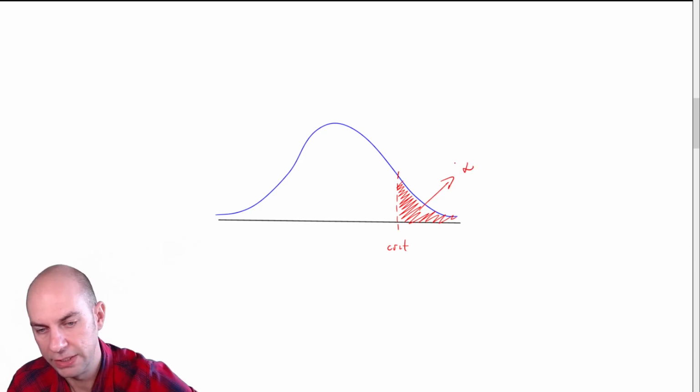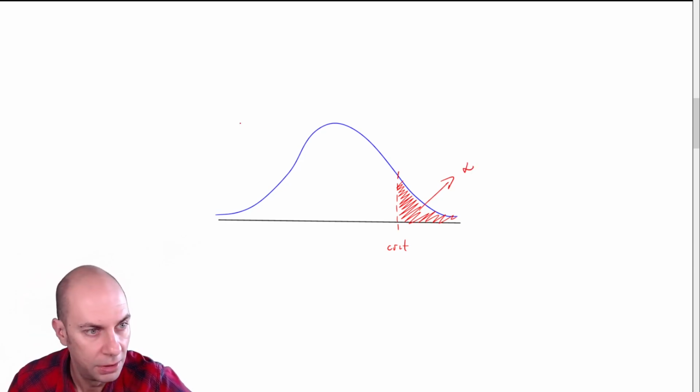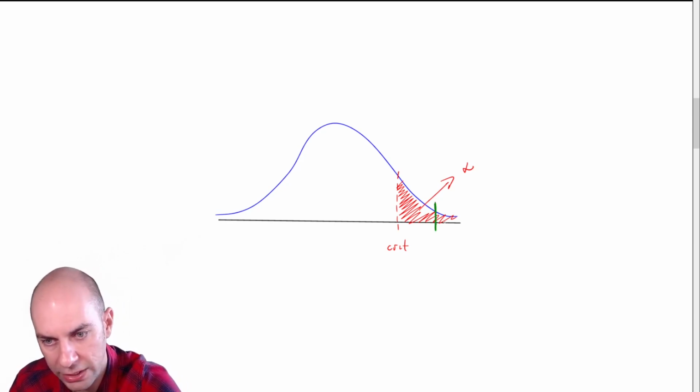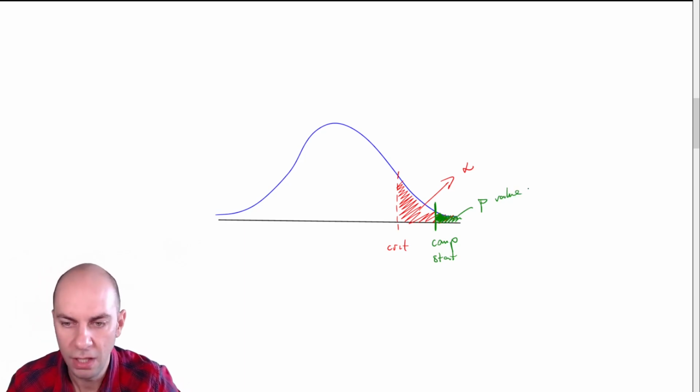The probability in the tail is the alpha. Whereas if I then have a computed value here, that is my computed value, computed stat, the probability to the right of that computed stat, that is the p-value. Okay, so there's a way to actually use these p-values. They're very, very useful. Now, obviously, I'm going to go through the examples of hypothesis testing in a minute.